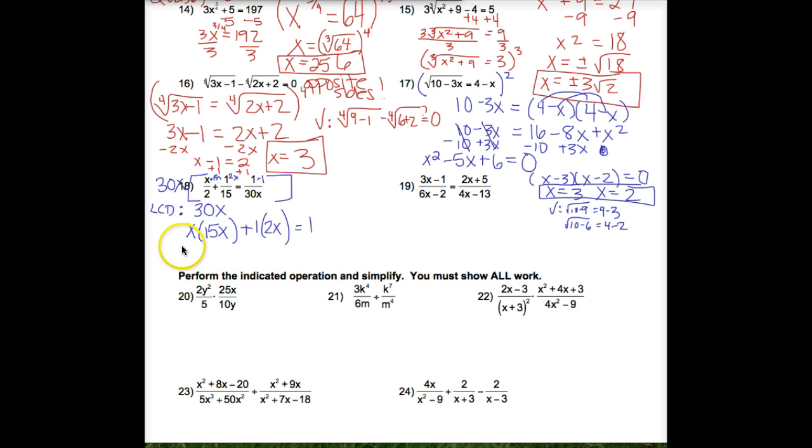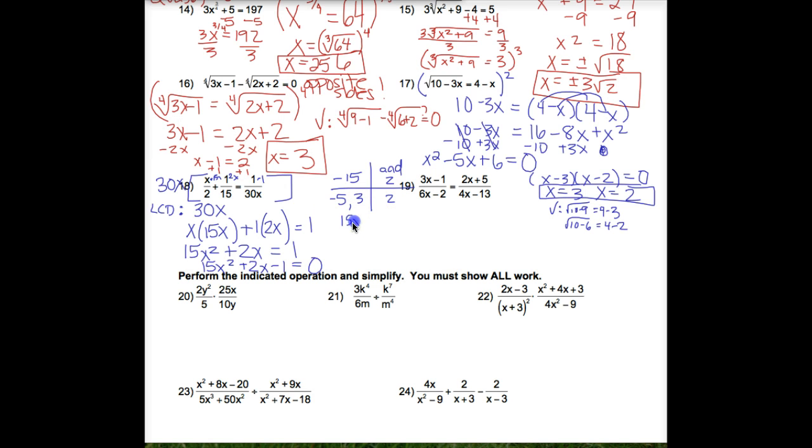So now x times 15x is 15x squared. 1 times 2x is 2x equals 1. It's quadratic, which means I need to get it equal to 0 in order to solve. And now, this one, it is factorable, but it is a split the middle. You're looking for what multiplies to negative 15 and adds to 2. So negative 5, positive 3.